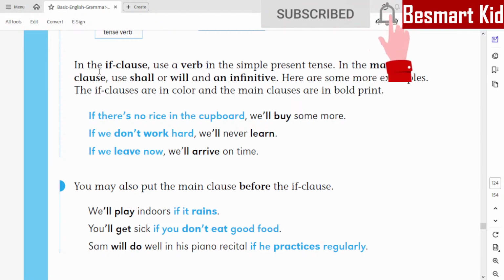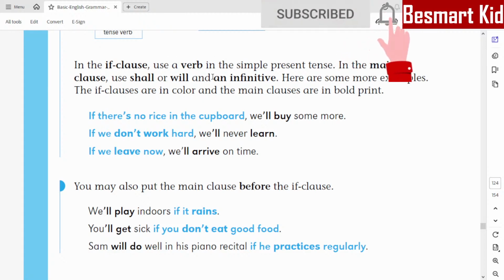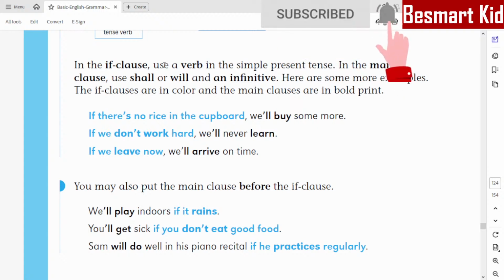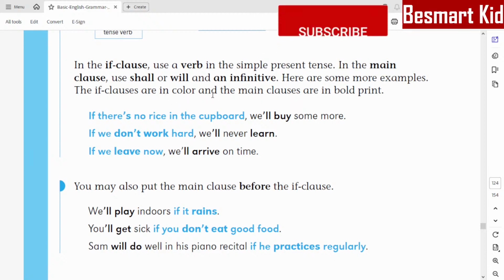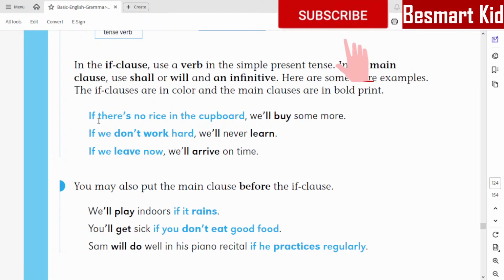In the main clause, use shall or will and an infinitive. Here are some more examples. The if clauses are in color and the main clauses are in bold print.